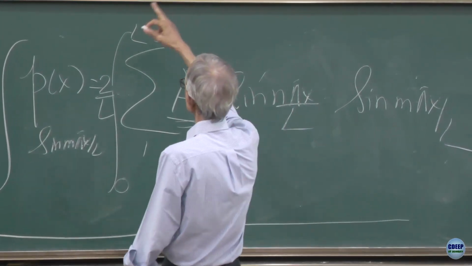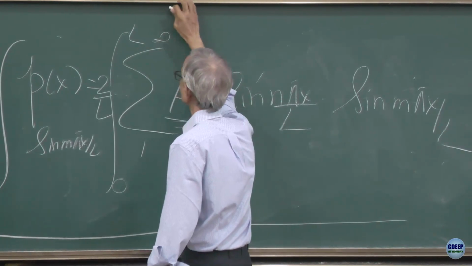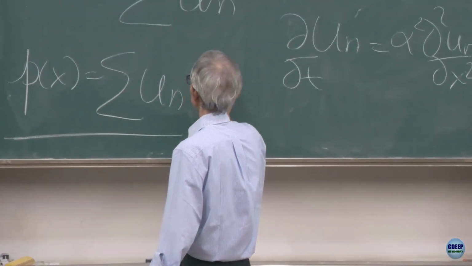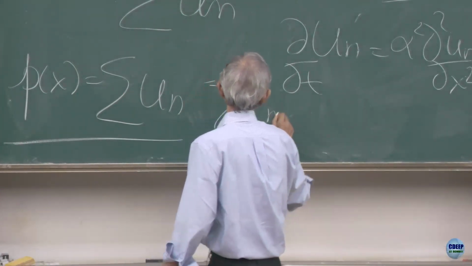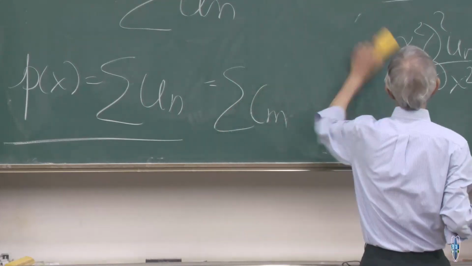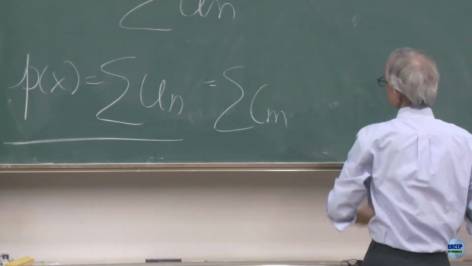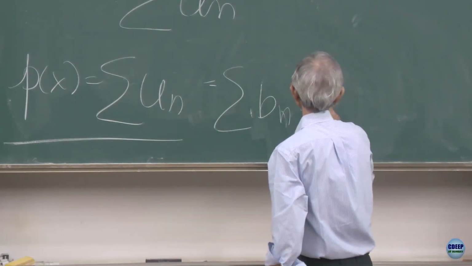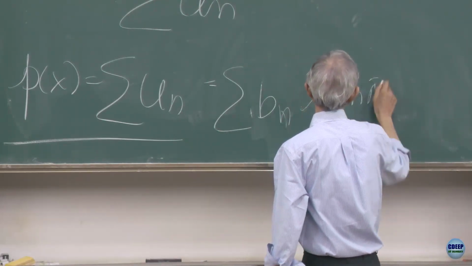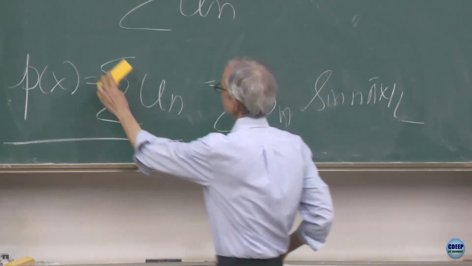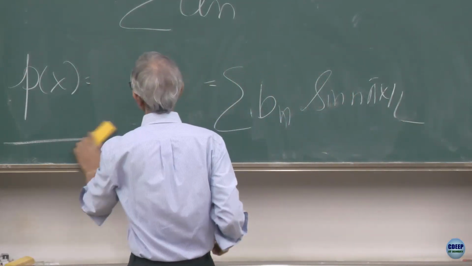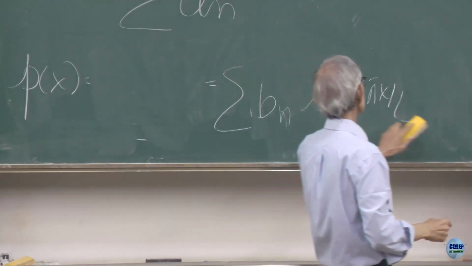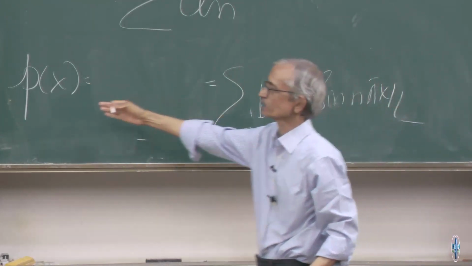From the Fourier series, if you had expanded this as the sum of Bn sine n pi x by L equal to P of x, then all of these B's we got by doing the same thing.